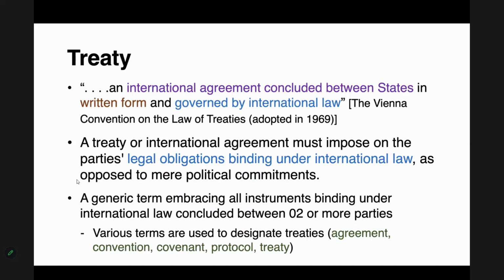There can be different terminology used. People might call it an agreement, a convention, a protocol, or a treaty, but many of these would be things that are legally binding.